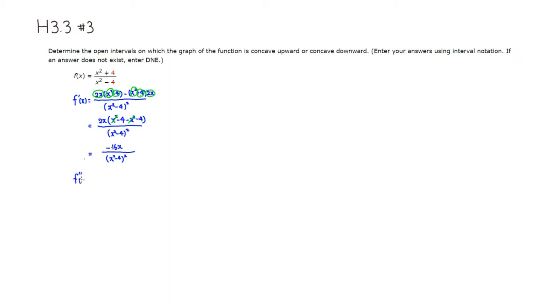So f double prime of x is equal to another quotient rule. Before that, I'm going to pull out the negative 16 outside first. Square the denominator, so we have x squared minus 4 to the 4th power.